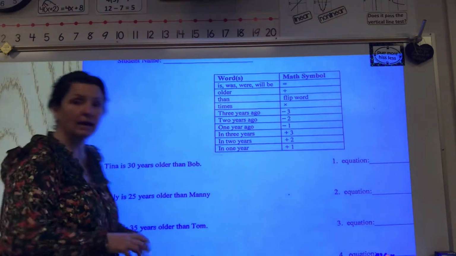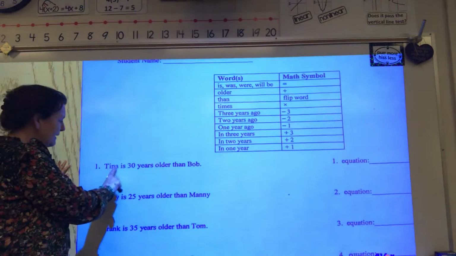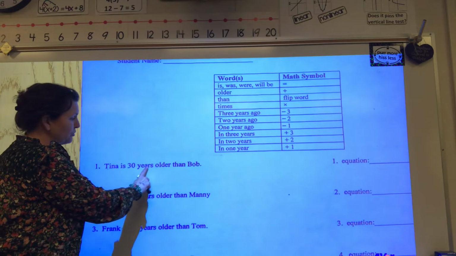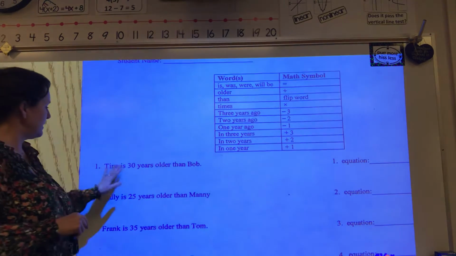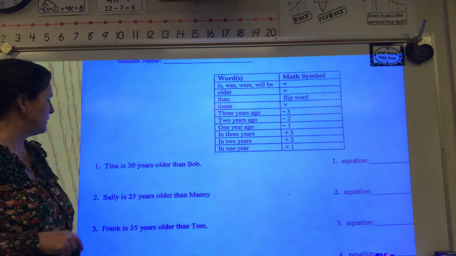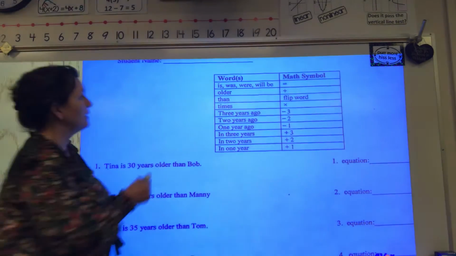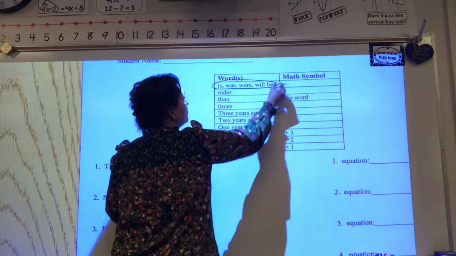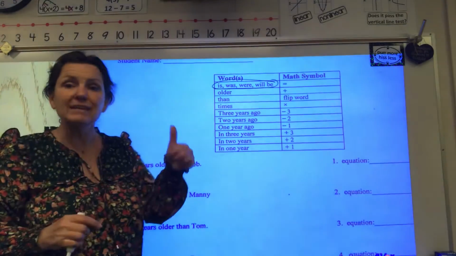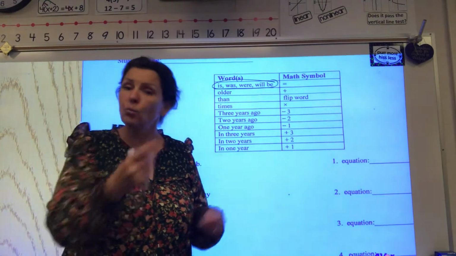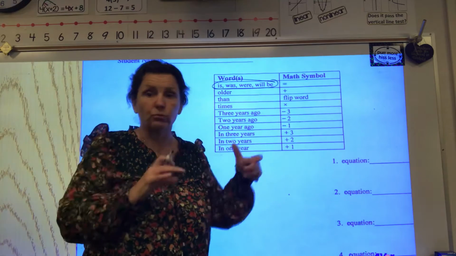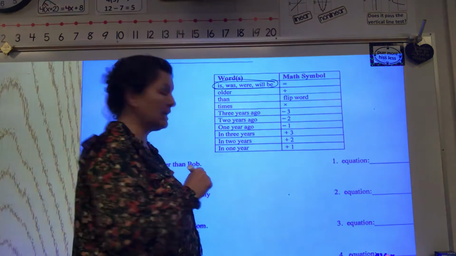First one, it says, Tina is 30 years older than Bob. Okay, Tina is 30 years older than Bob. The number one thing we should be looking for is where is our is, was, were, and will be. Where does our equal sign get thrown in this little equation, right?